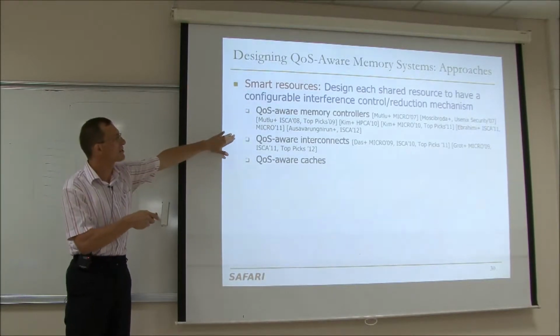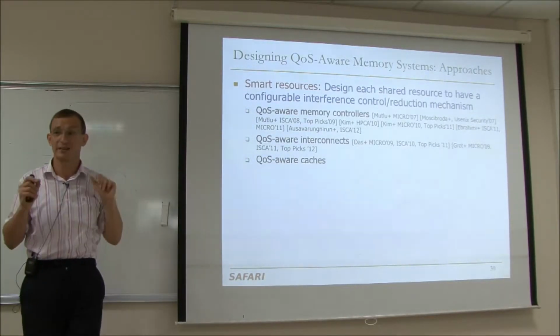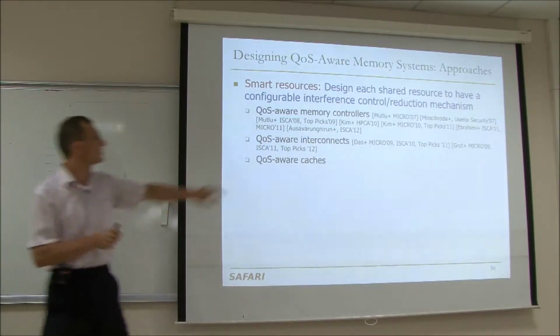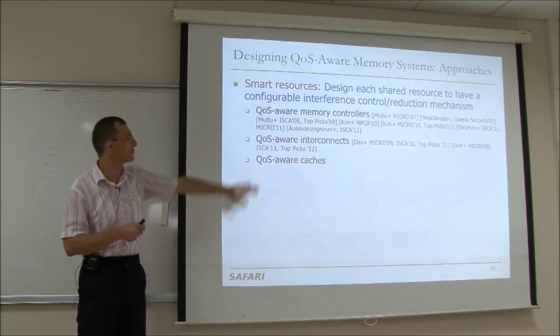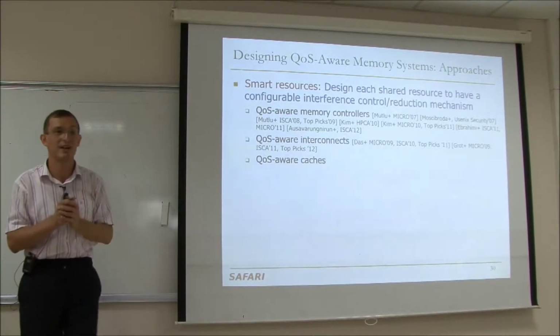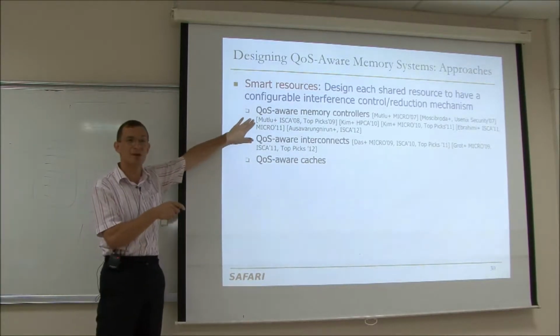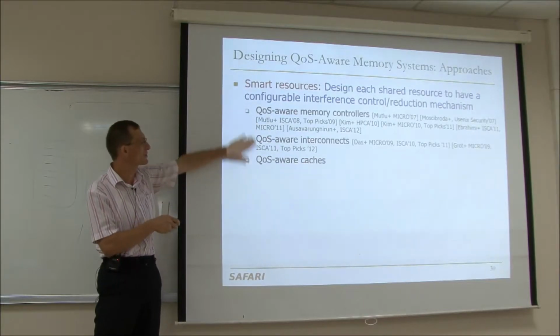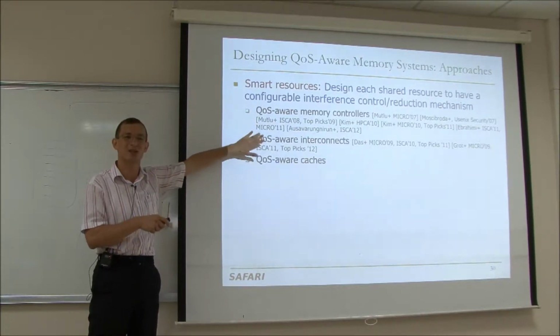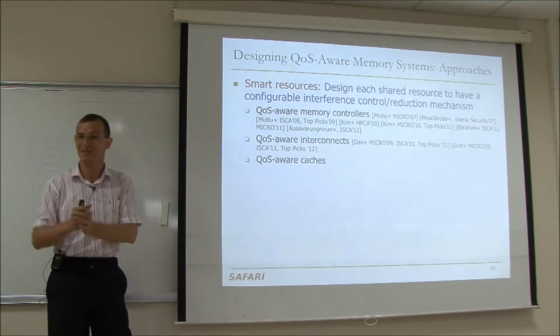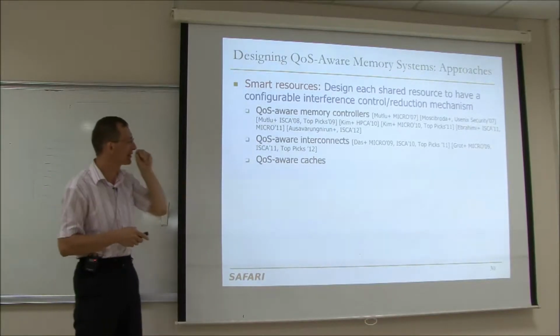Basically, you change the memory controllers such that they're fair now and they're configurable now, right? You change the interconnect such that they're fair and configurable. You change the caches such that they're fair and configurable. And I'm going to cover a lot of solutions on the memory controller space here. We've discussed caches a little bit. We didn't discuss interconnect quality of service that much, but you had the slides in the rest of the interconnect lecture. So you can look at that.